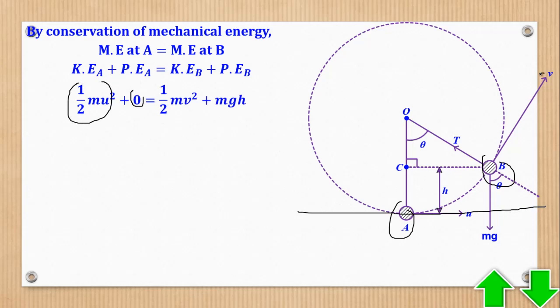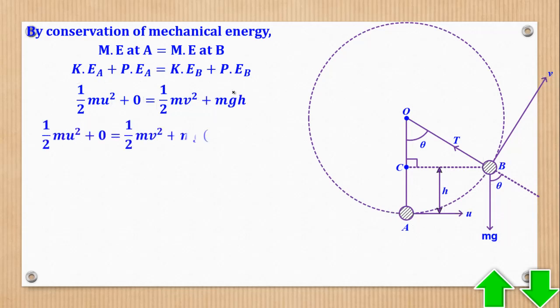At point B, the velocity is v, therefore kinetic energy is this, and the height is that, which makes potential energy to be that. So this h, remember this is theta, the whole of this is r, but from here to here, OC, will be r cos theta. Therefore the remaining part, which is SC, will be r minus r cos theta.